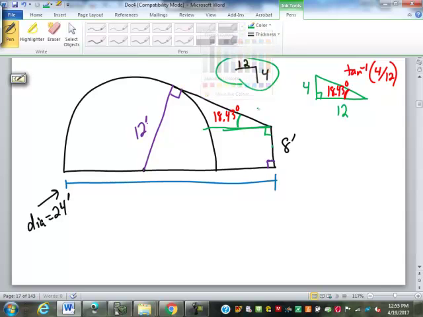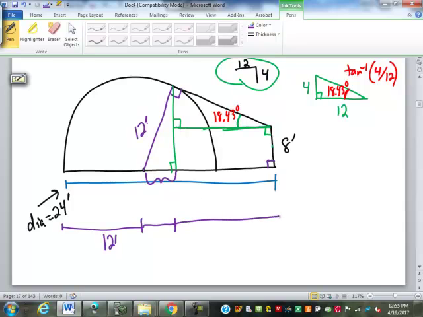So what that does for us, I'm going to cut this straight down to make a right angle here. Again, I have vertical and horizontals that intersect to make a right angle. I know that this distance from here to the center is 12 feet. I am going to find this piece here, and this piece here, which is going to be the same as this piece up here. Make sense?